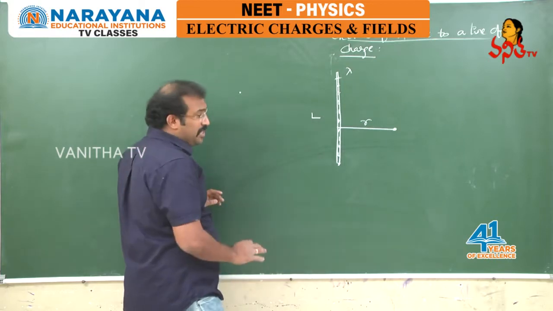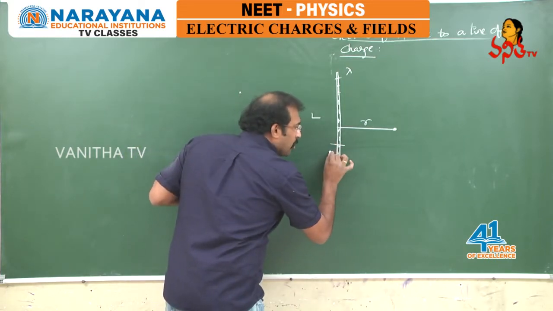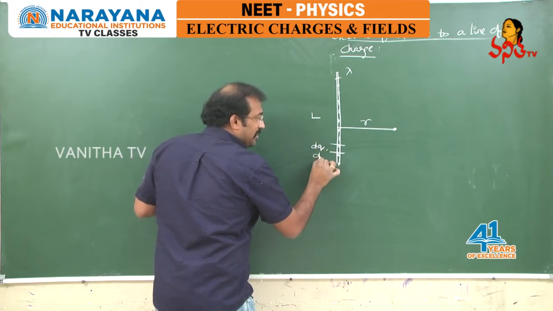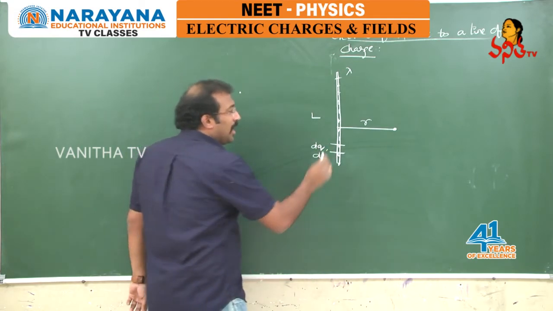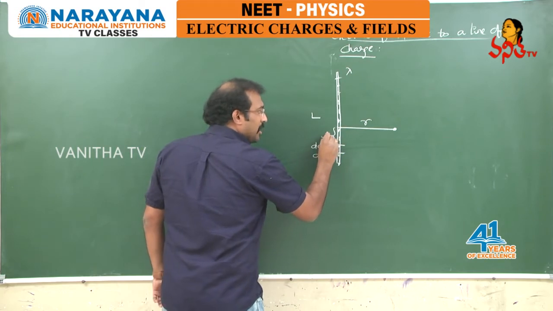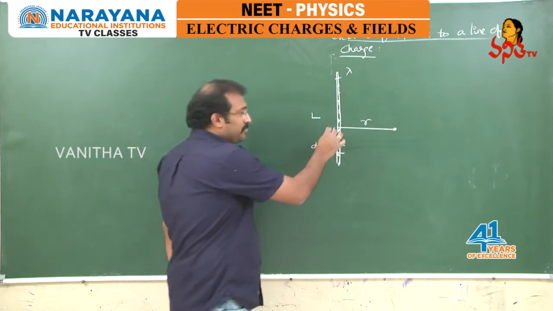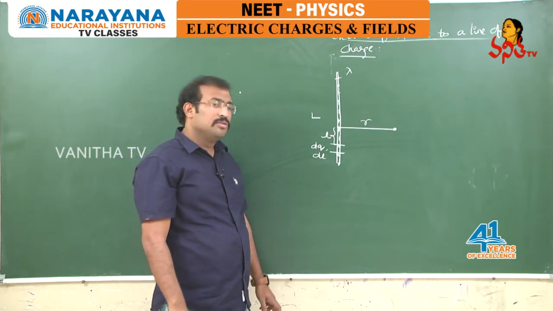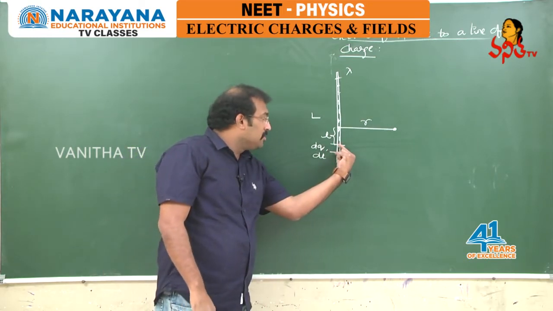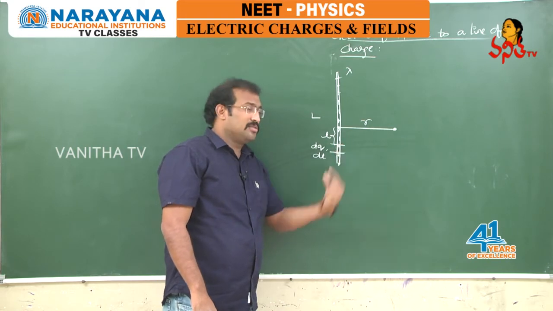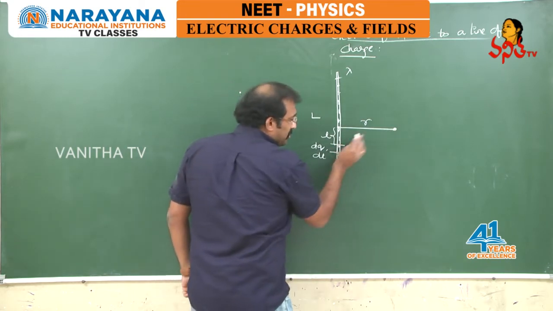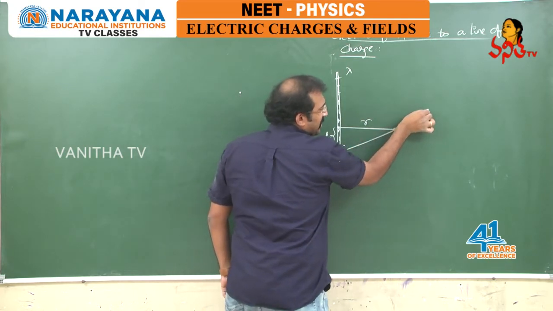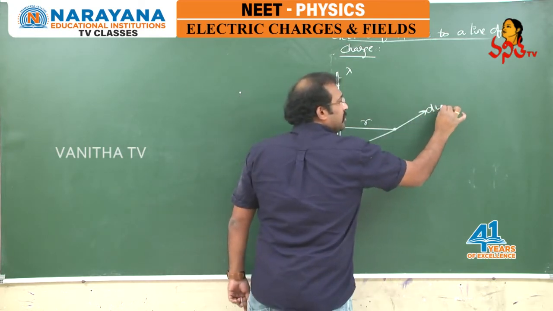So what we have to do here, I am considering a small element of charge dq and of length dl at a distance L from this point. Now the electric field due to this small charge at this point will be in this direction. Why?